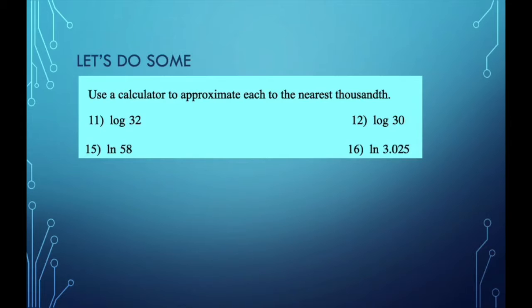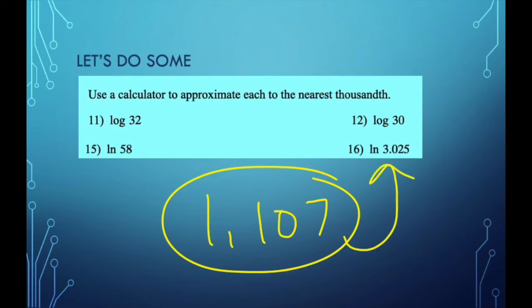You just do it the same way. Type in ln and 58. What did we get? 4.060. Everybody else got that too? Okay, good. What about 16? 1.107 is what I got. All right, fantastic. Just our calculator exercise right now, getting used to using your calculator with this.